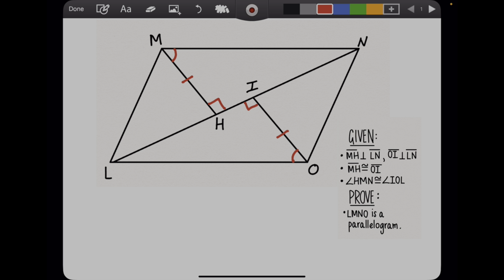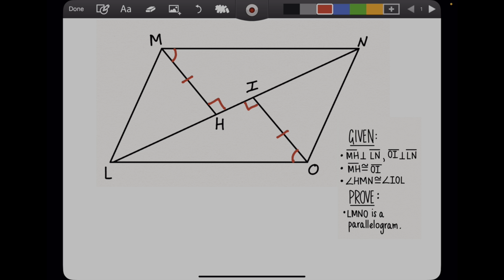So what do we need to prove in order to figure out that this LMNO is a parallelogram? We need to refer first to the definition of a parallelogram. A quadrilateral is considered a parallelogram if at least one of these is true. Well, first we need to prove that opposite sides are congruent.